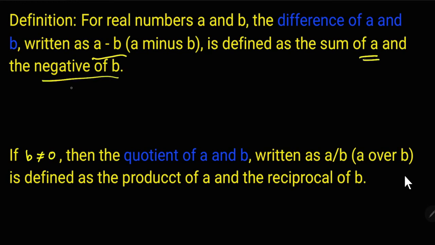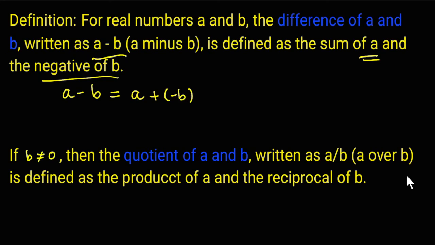Meaning, if you want to get the value a minus b, basically what you're doing is getting the sum of a and the negative of b, or the additive inverse of b. That's why this operation is derived from addition and the additive inverse.